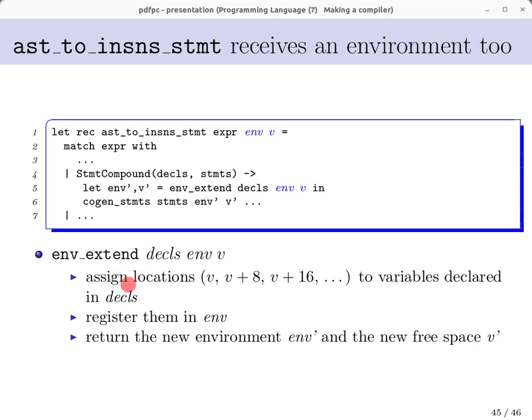It assigns location v to the first variable declared, v plus 8 to the second variable declared, v plus 16 to the third variable declared, and so on. It registers them into this environment, extending the environment to reflect these assignments, and returns the new environment m prime and the new free space v prime, so that subsequent statements are going to use only spaces above RSP plus v prime, for example.